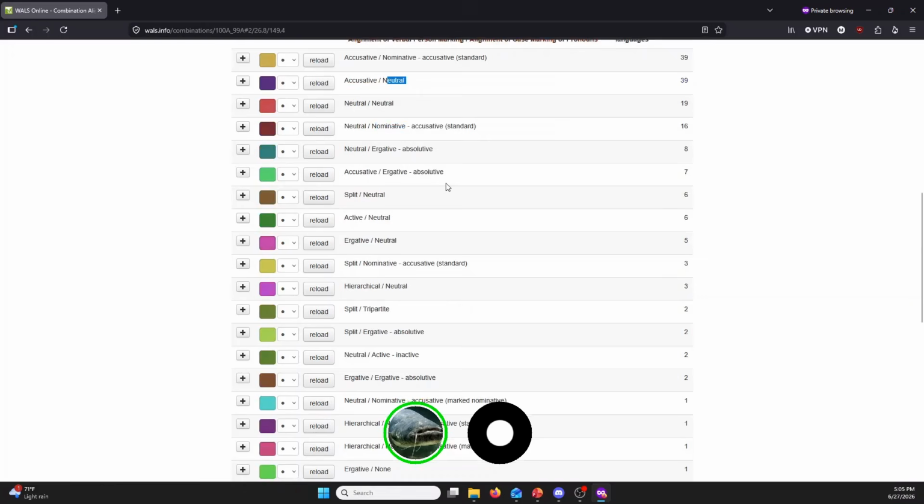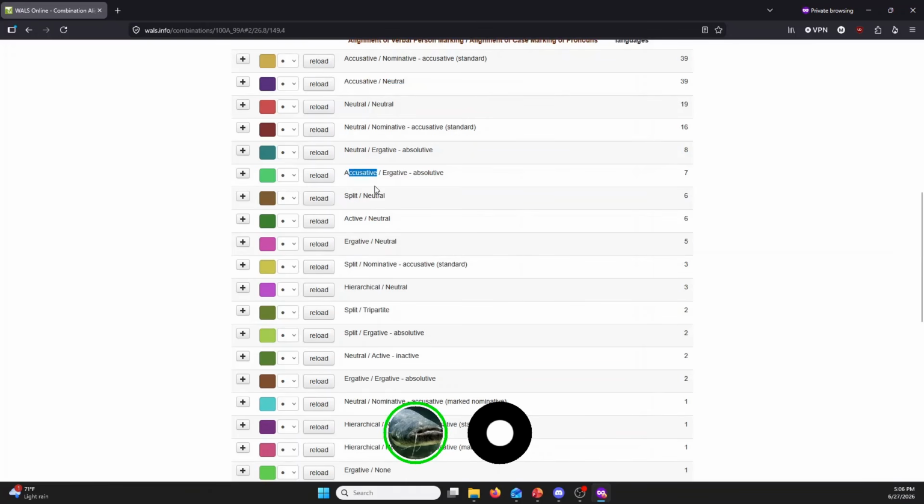So let's look at the ergative accusative. You can see that we have 7 languages that are accusative in verbal person marking and ergative in case marking. But let's see if we can find the reverse, ergative accusative.